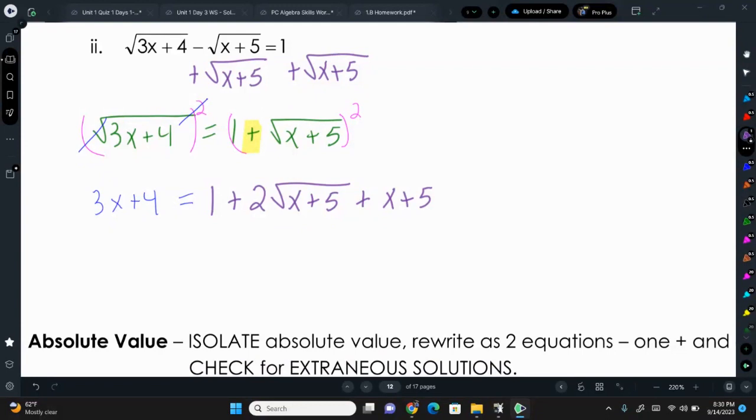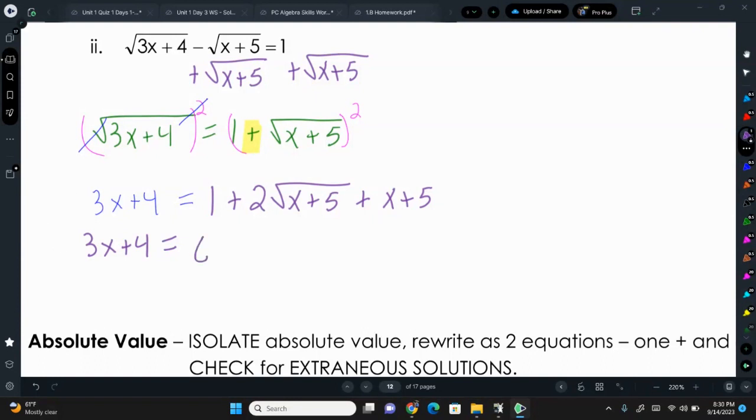All right, so now what we have to do is get the radical by itself. So we will then get everything to the left side, but first, if we can combine like terms, we will. We have 1 plus 2 times the square root of x plus 5 plus x, so we can't do anything with the 2 times square root of x plus 5, but we can combine the 1 and the 5.